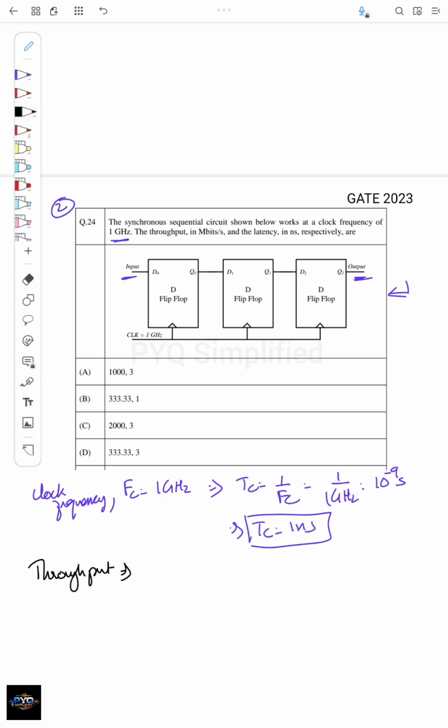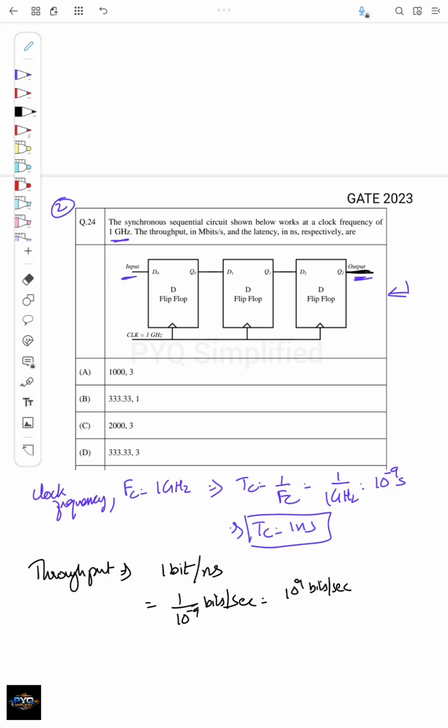So what is the throughput here? The output here is only one line, so we will get only one bit at a time, for every 1 nanosecond. So 1 bit per nanosecond will be the throughput. Or I can write it as 1 by 10 power minus 9, that is 10 power 9 bits per second.